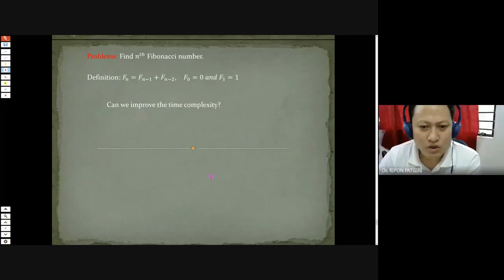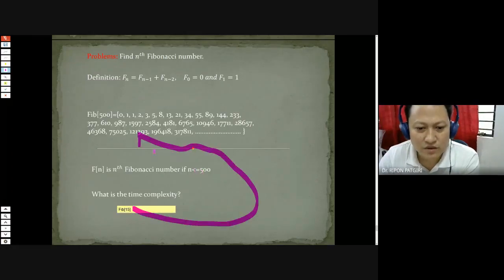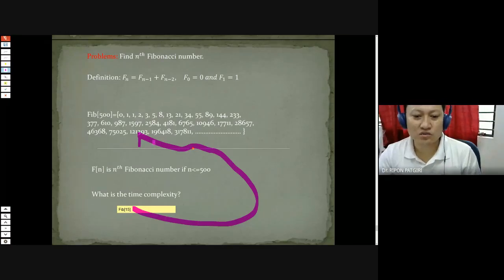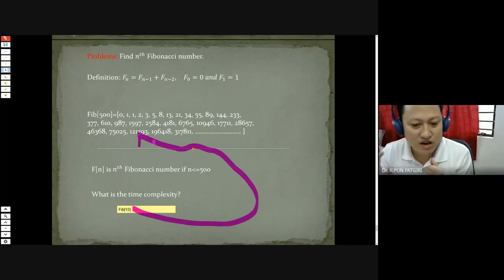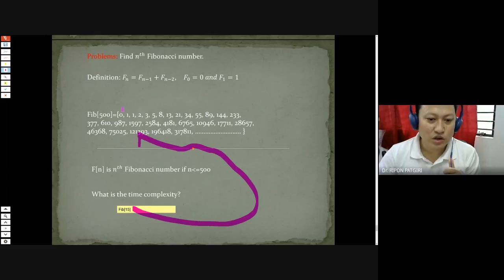But what the company requires is the fastest Fibonacci number. Anyhow, your solution should be the fastest one, big O of one time complexity. Then you will copy this entire solution here, fib of 500.